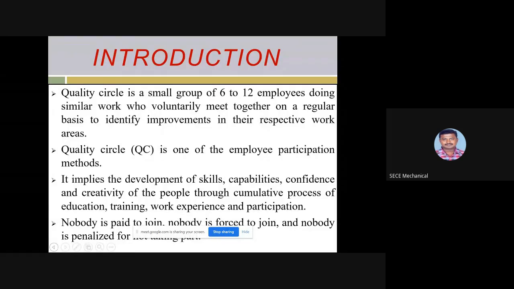In other words, we can say a quality circle is a small group of people who meet regularly on a regular basis to identify, analyze and solve quality, cost reduction or any other problem in their work area.